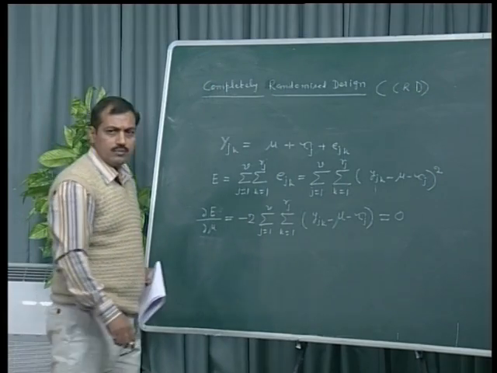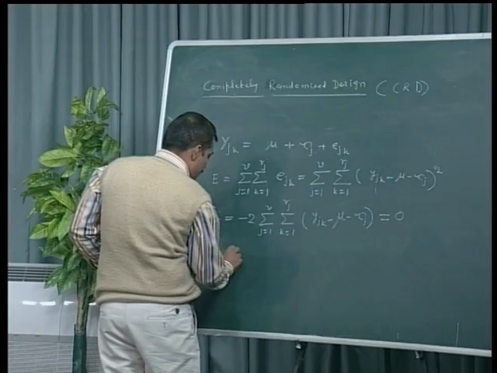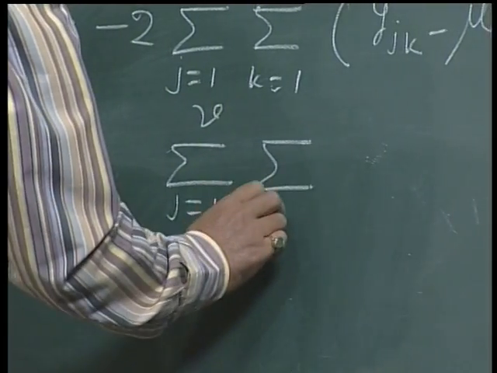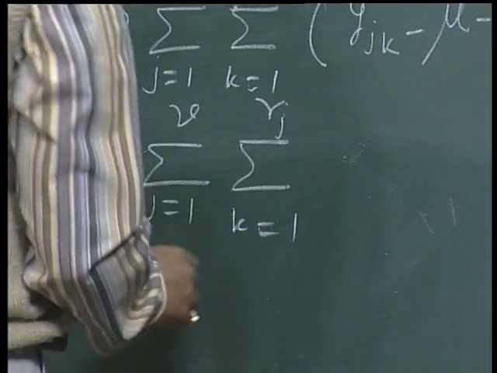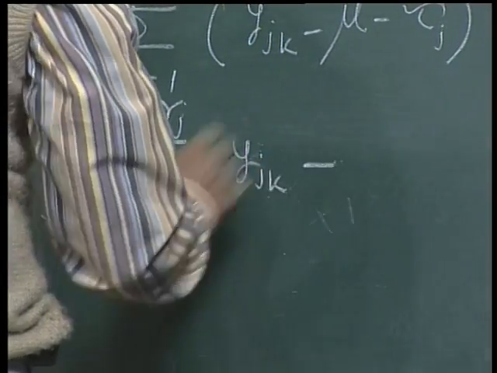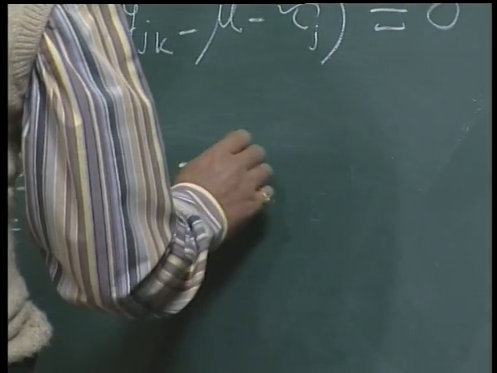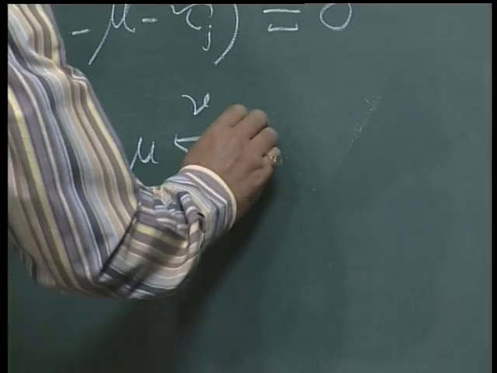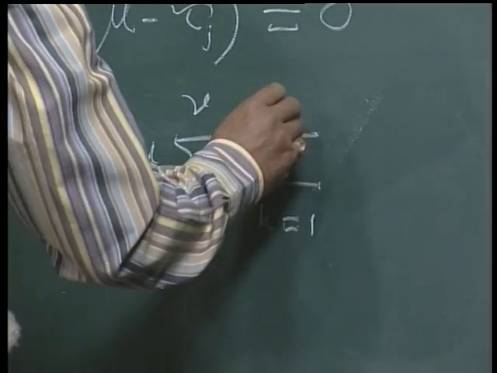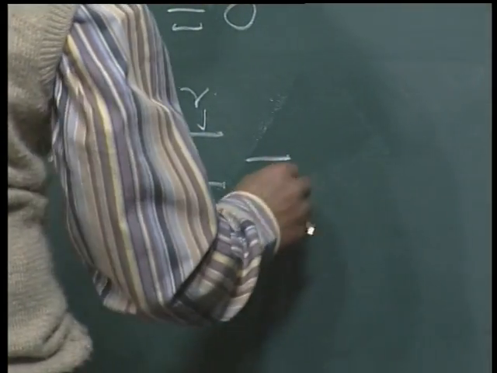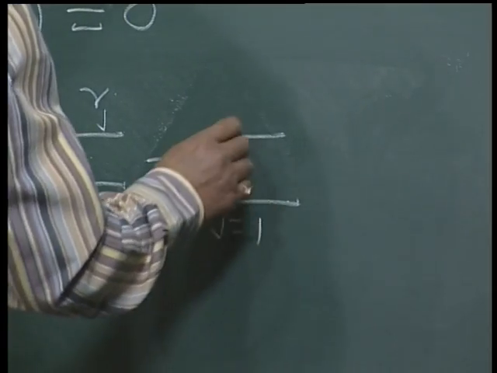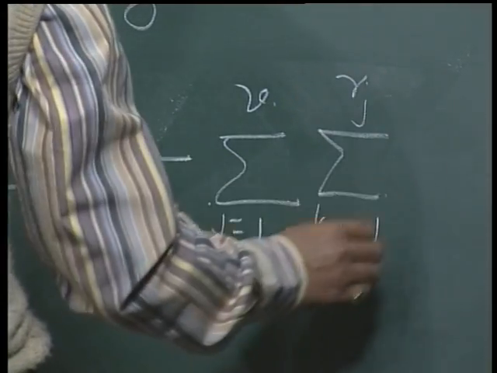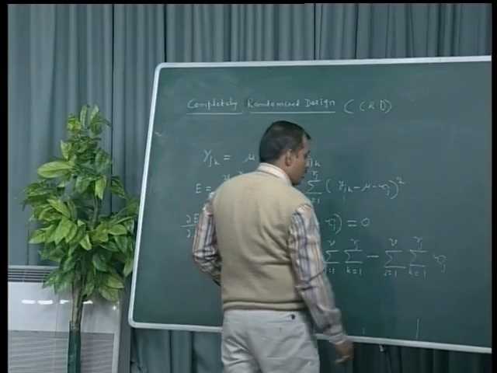Simplifying, this is the double summation of yjk minus mu times the sum of rj, since mu is constant, minus the summation of rj tau j, equal to 0.